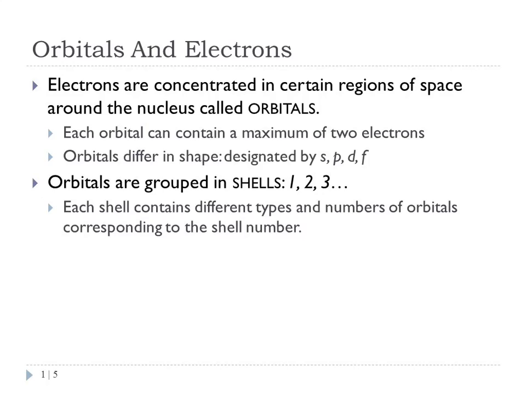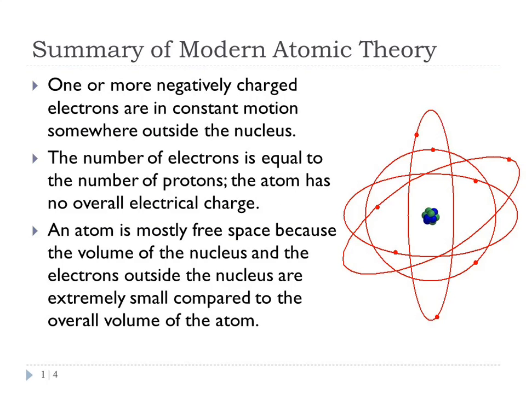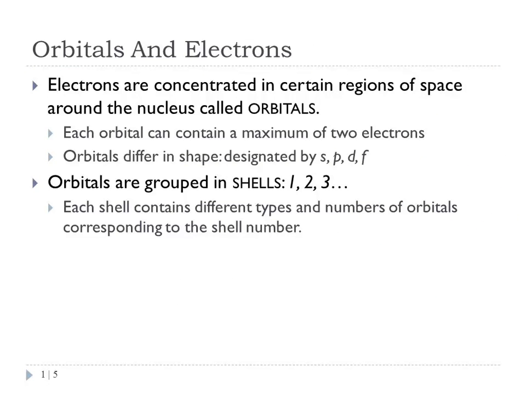It's easy to think of electrons orbiting the nucleus, like in this picture, but that's not what they're doing. They're actually in orbitals, which are different. It's actually a region of probability in which you have a likelihood of finding electrons.